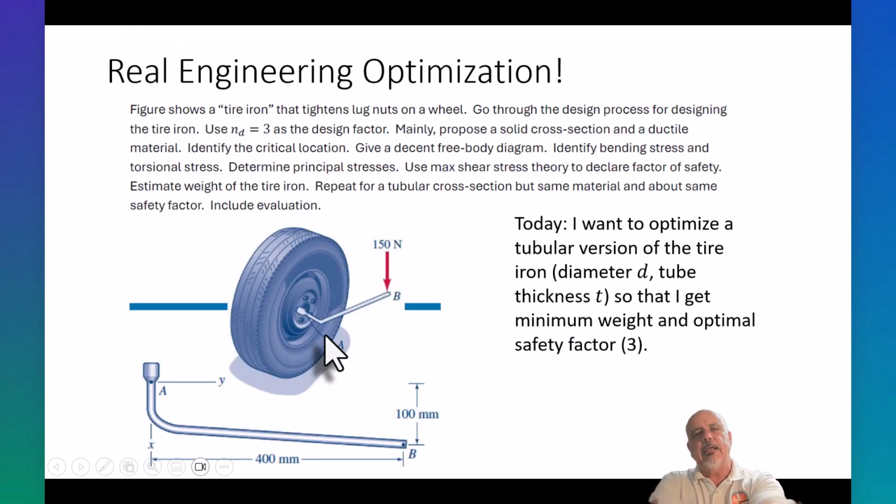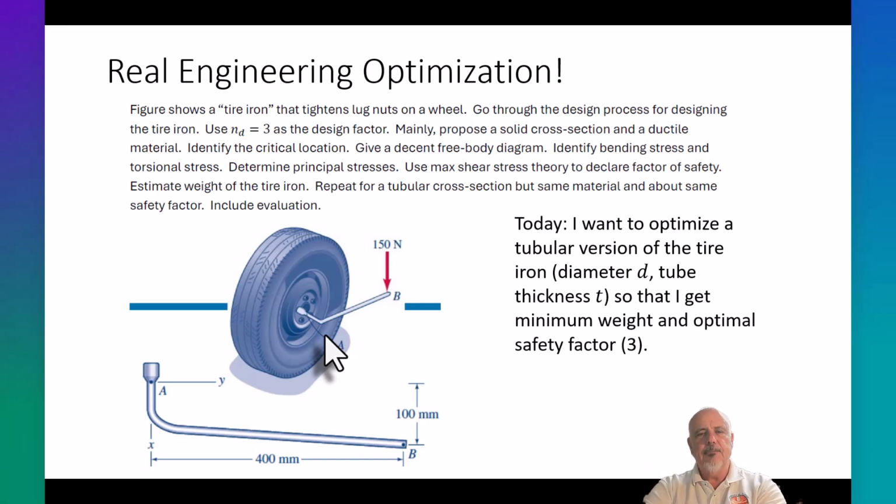So I really looked at a real engineering optimization type of problem, and this is a problem I used in mechanical design. So it's a tire iron. We've got a load that we're applying to the tire iron to tighten a lug nut on a wheel, right?